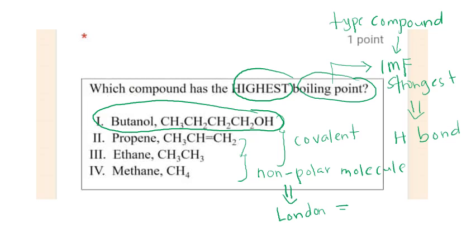In this case, the factor that influences the boiling point is the molecular size. Therefore, if we arrange in order of increasing boiling point, methane will have the lowest boiling point, followed by ethane, followed by propene, and then the highest boiling point will be butanol.